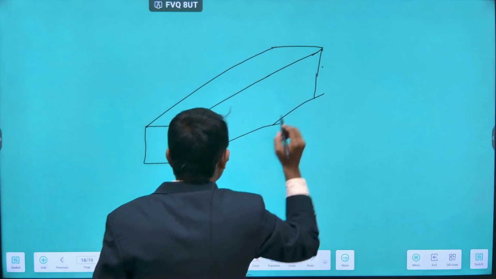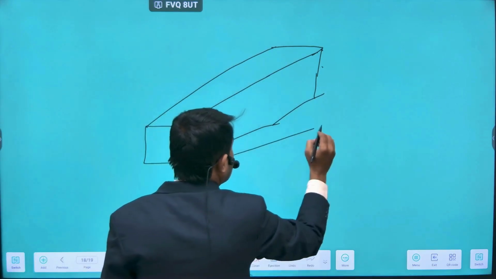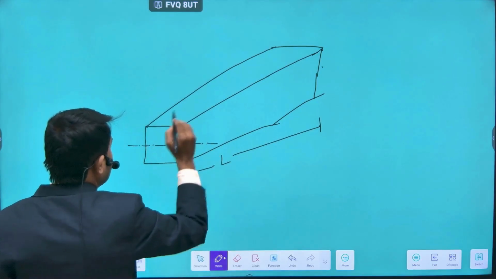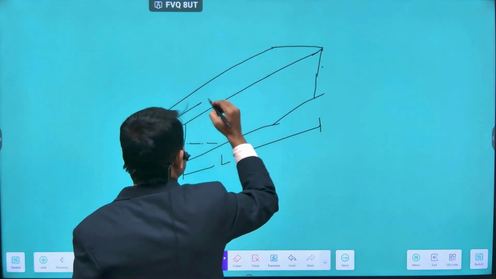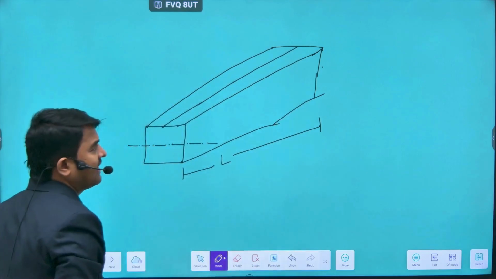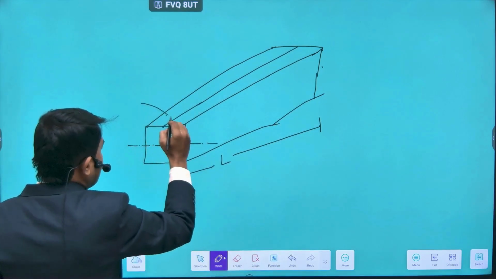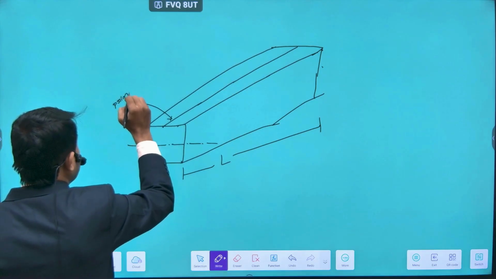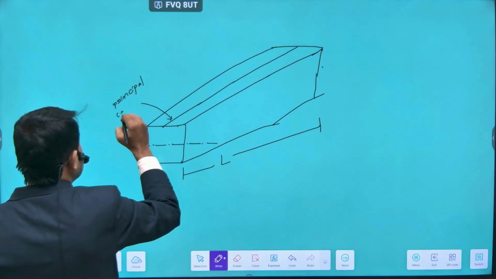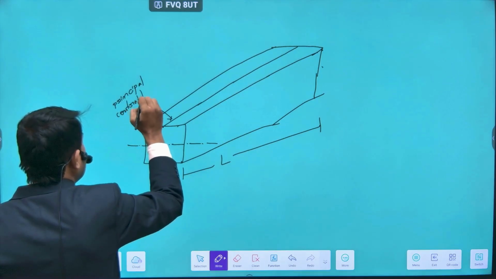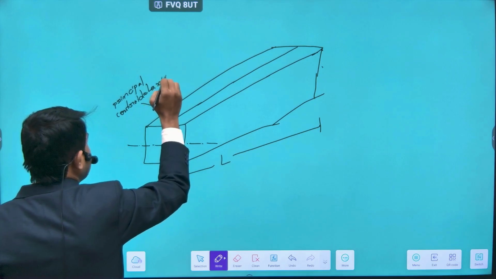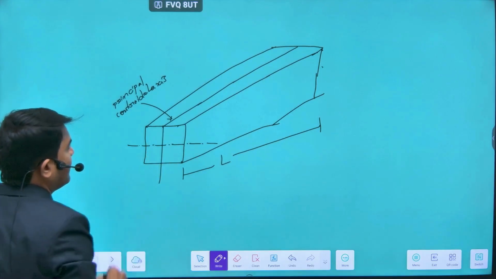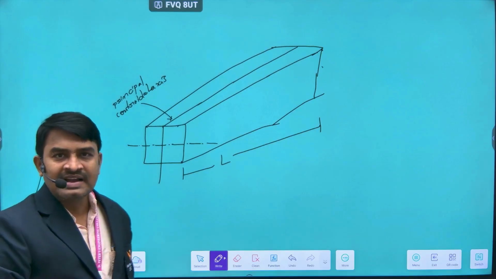This is the neutral axis of the beam and this is the longitudinal axis. In strength of materials, the longitudinal axis we call the principal centroidal axis. So along the principal centroidal axis, the load condition is very important.